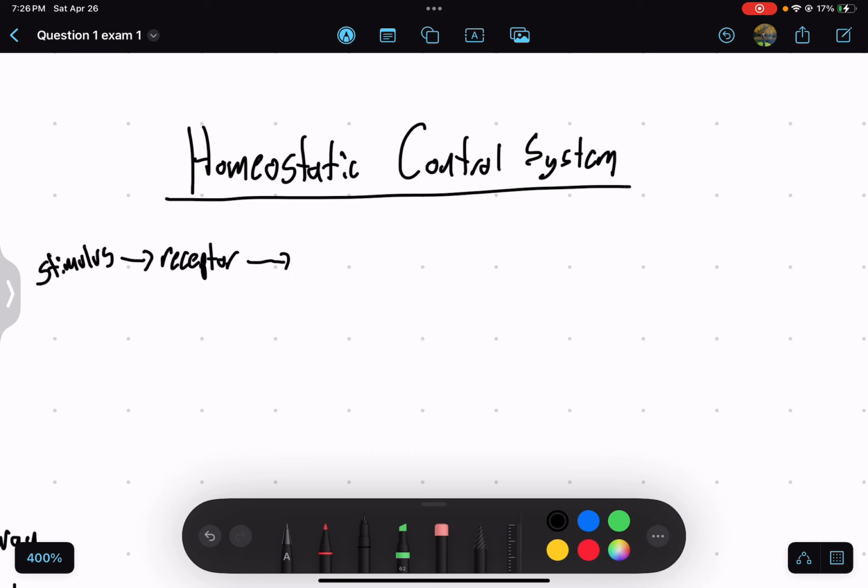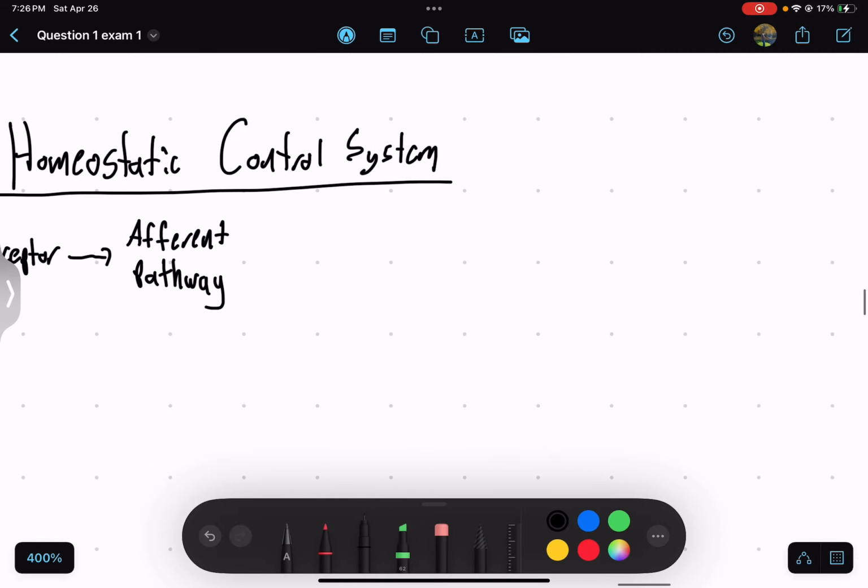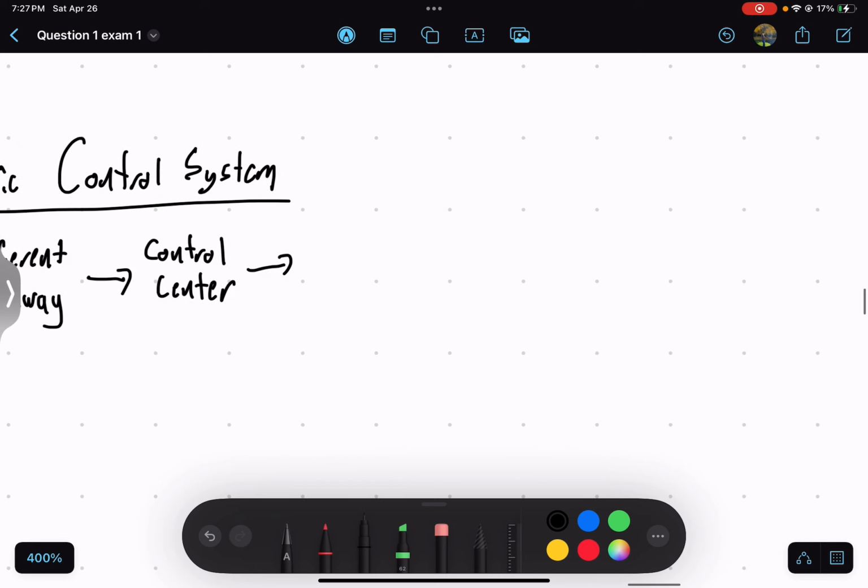This receptor will then transmit a signal through the afferent pathway, which will then bring that signal to the control center. That control center will then find out what's going on and then respond appropriately in accordance to that signal.